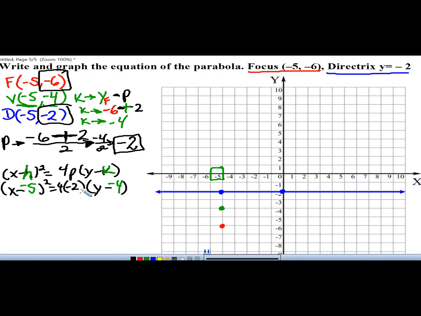Let's simplify this. (x, negative times a negative is a +5) squared, equals 4 times -2, that's -8, (y, negative times a negative is a +4). That's our equation. Now don't graph your parabola just yet.